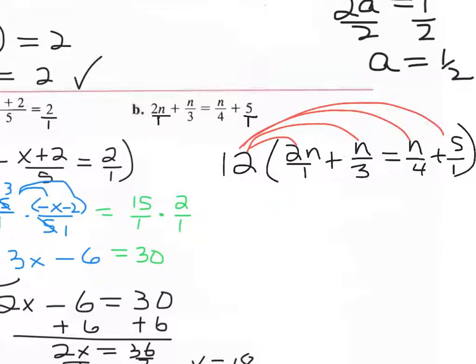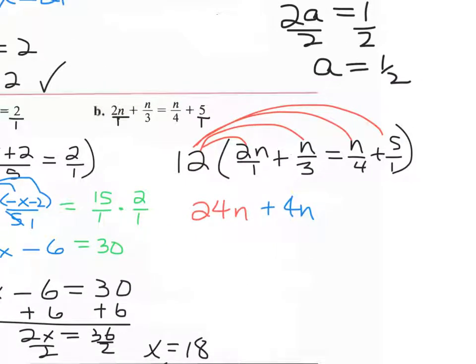So when I do it to the first one, I'm going to get 24n. The second one, when I distribute it, it'll simplify diagonally. 3 divided by 12 is 4, so this becomes a 4n. Then when I do it to the next one, this will be a 3n. And then the last one is just going to be 60.